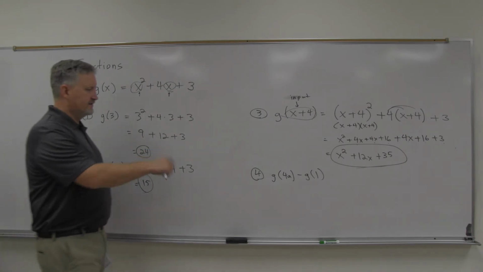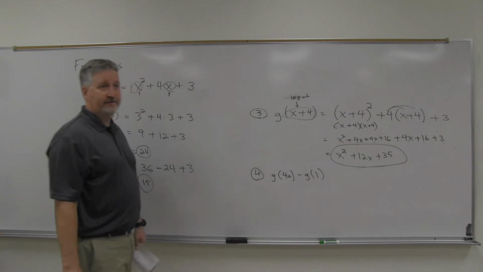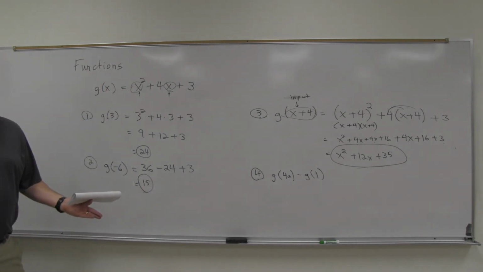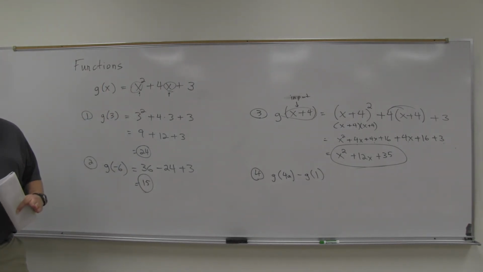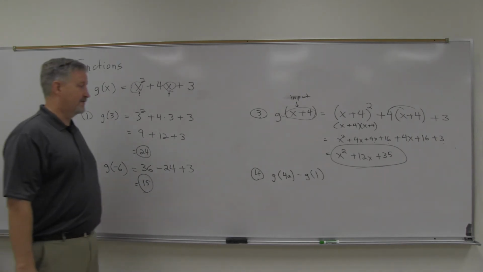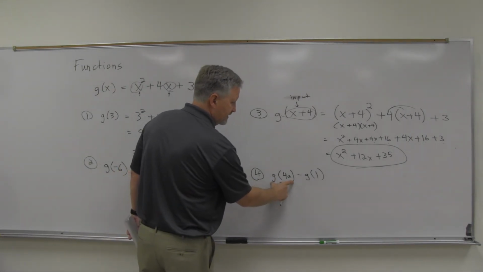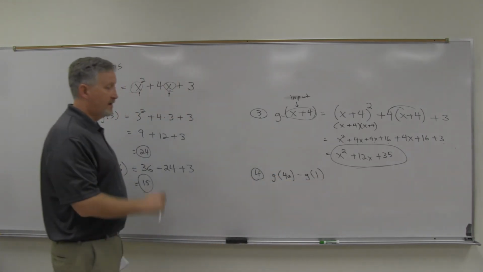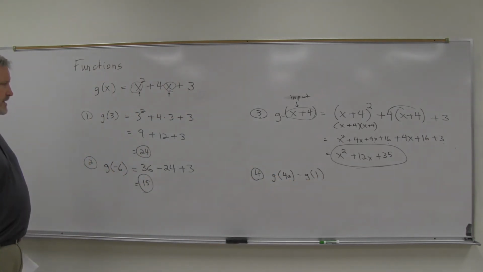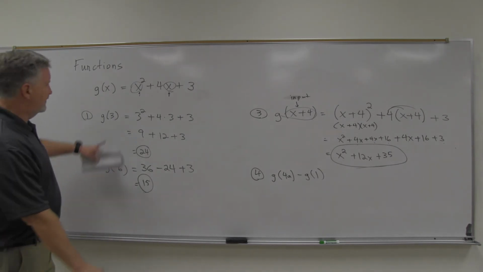So this is two function values subtracted, so what are we going to do? Just compute the function value for 4a and then subtract whatever the function value for 1 turns out to be, that output. So what have we got here?